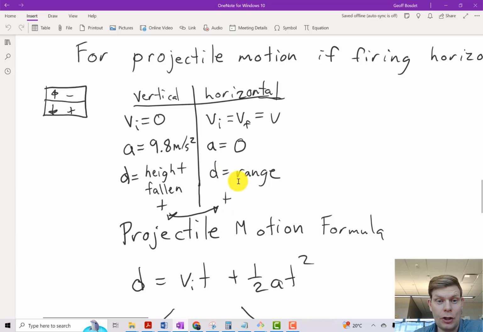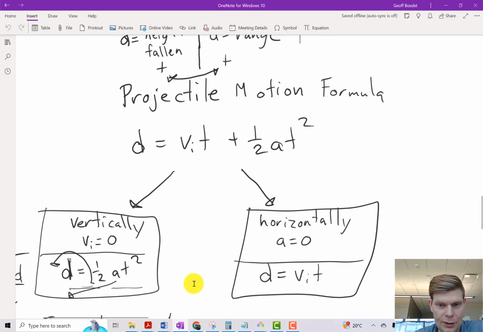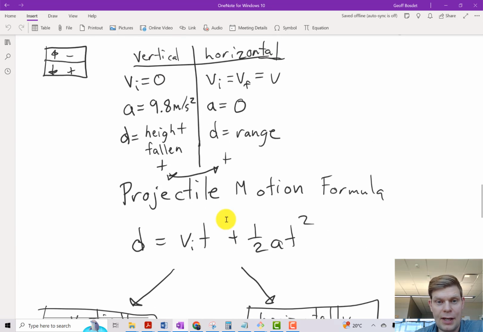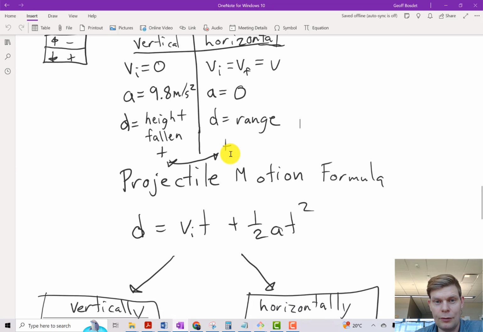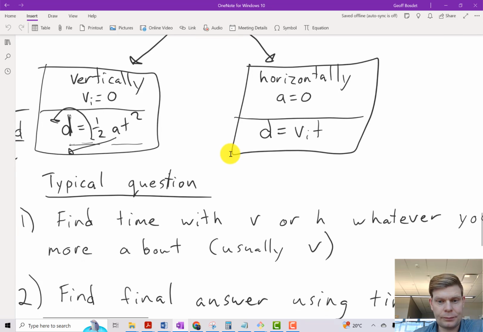So oftentimes, your goal will be to take whichever one of these columns you have the most information about, use that information with this formula in one of these two forms to solve for t, and then take t, put it onto the other side, and use it to solve for your final answer. And that's basically how you do all of them.